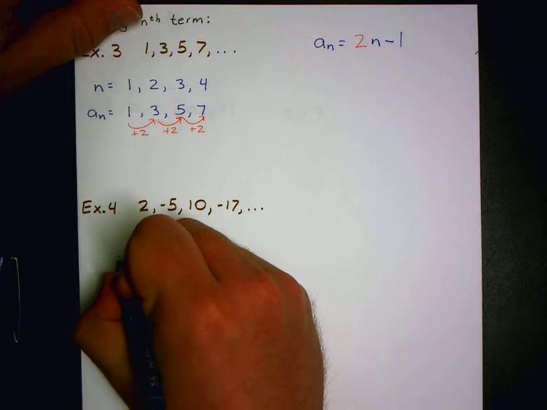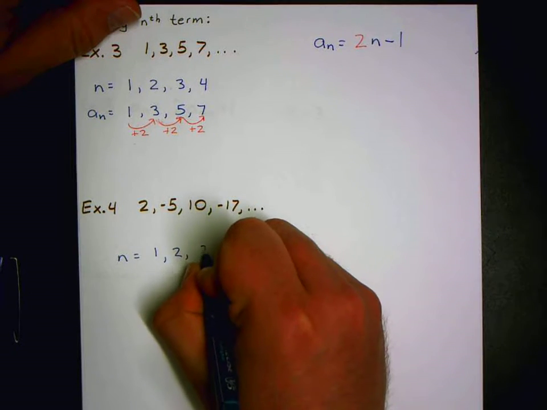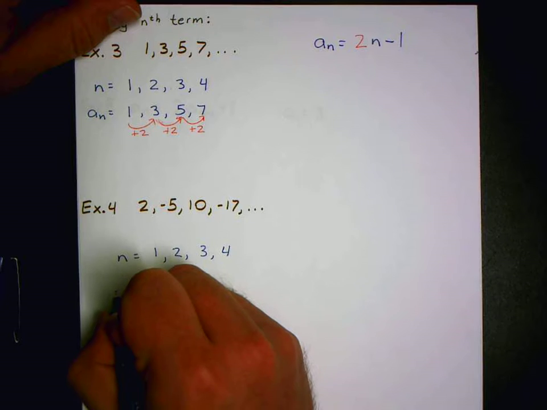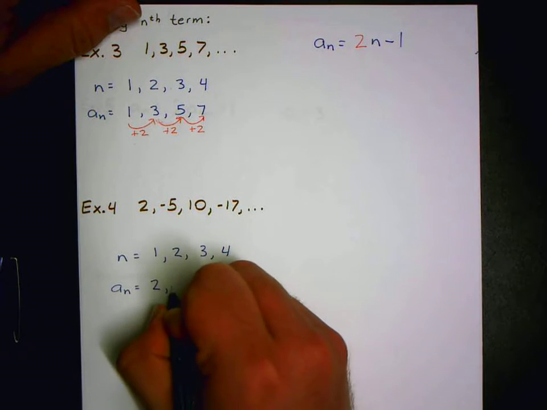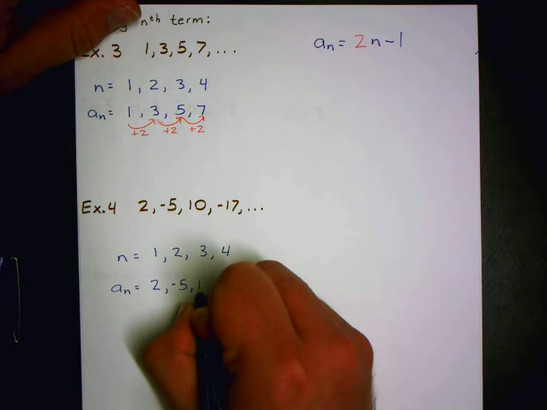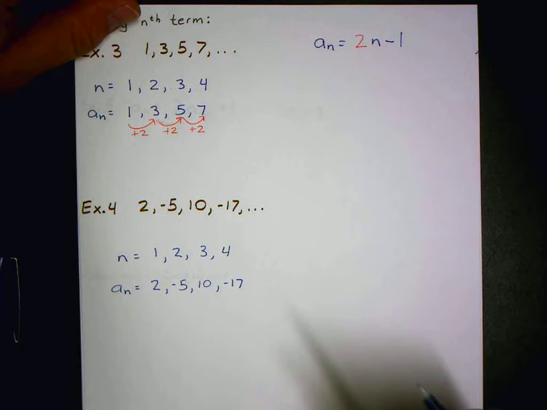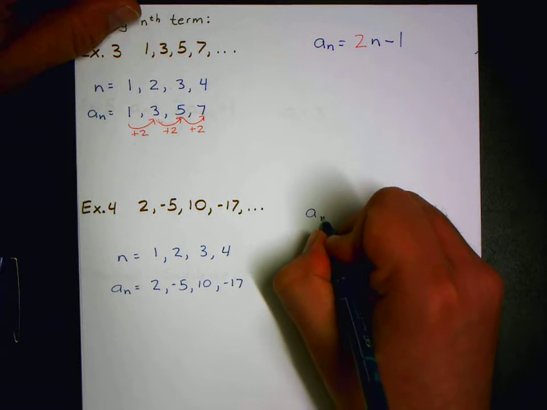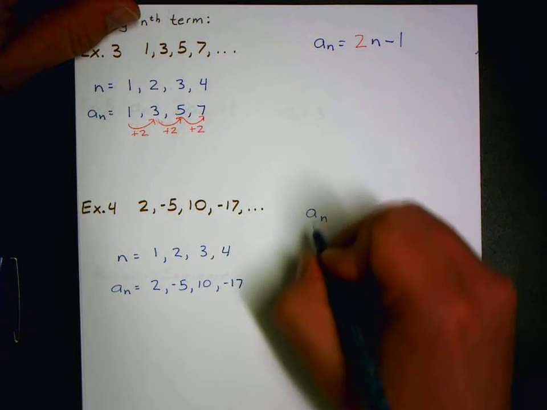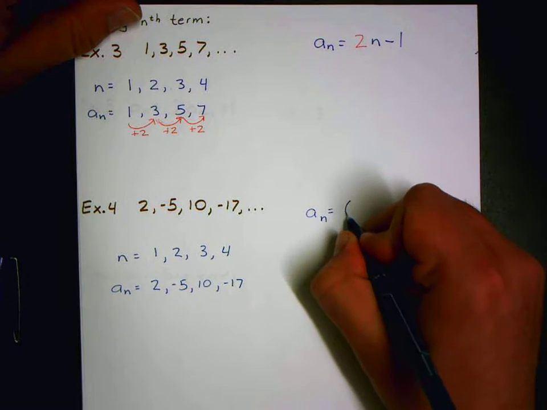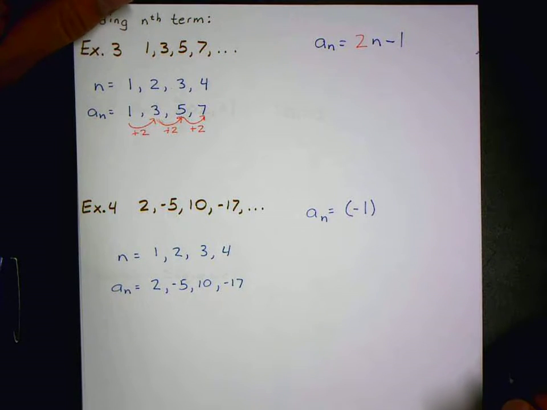Okay, so for this one, if you try to do the same thing with this one, it won't work because it's not linear. But one thing to notice is that the sign changes every single time. Anytime the sign changes, that means you're going to have a negative 1 to a power.